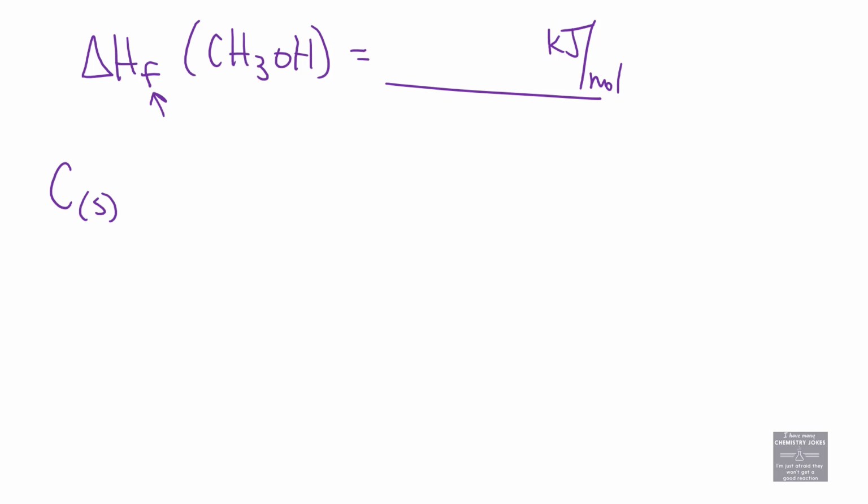Carbon is normally a solid. If you look on the color-coded periodic table behind me, it's written in black because it's a solid in its standard state. I can combine that with 2 moles of hydrogen gas, H2 as a diatomic, because hydrogen in its standard state is a diatomic, and oxygen in its standard state is a gaseous diatomic.